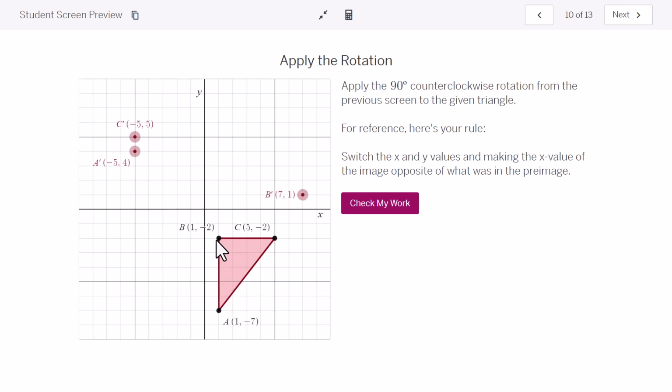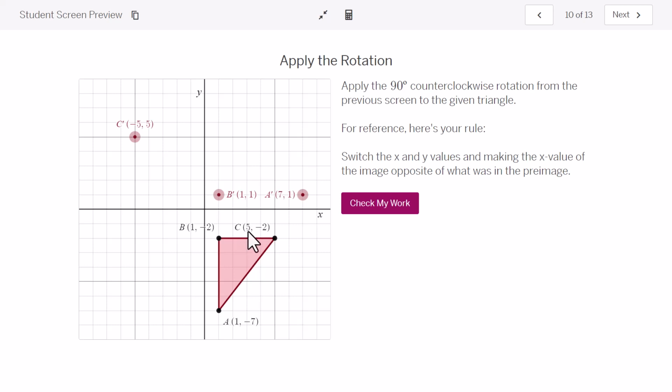For our second coordinate, I'm switching x and y. So instead of 1, -2, I'll have -2, 1. But I'll change that -2 to positive. So I'll have +2, +1. I think I labeled these wrong. There we go. I think that's right. Yep. And for C, I'll switch these two from 5, -2 to -2, 5.